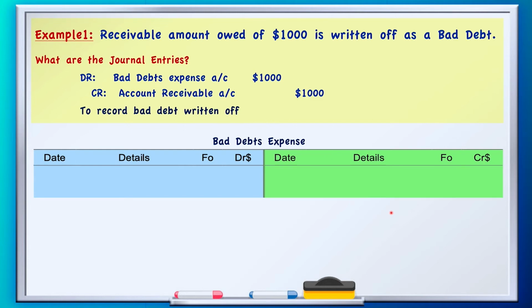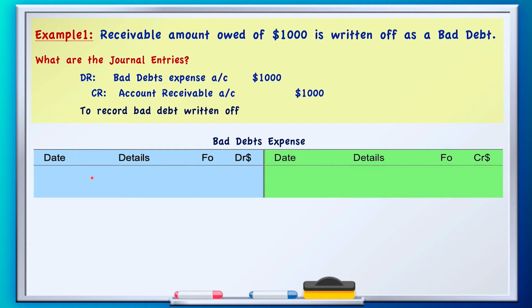According to your instruction here, which side are you going to go on? The debit side. So your instruction is to go in the bad debts account on the debit side. And you see, as we go on the debit side, I'm in my blue area. Debit side, you're going to write the information.